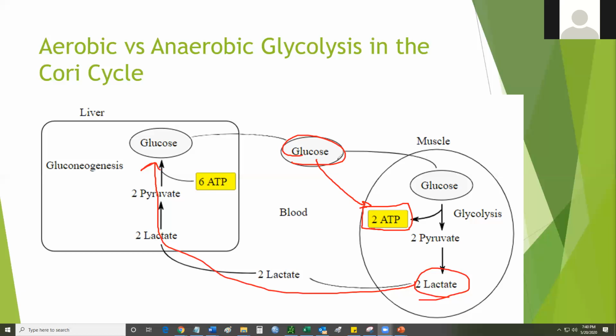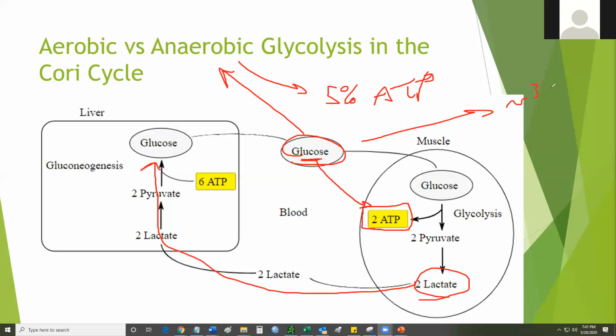When you break down a molecule of glucose anaerobically, you get only about 5% of the ATP that glucose molecule has. Glucose should have roughly 38 ATP in it.